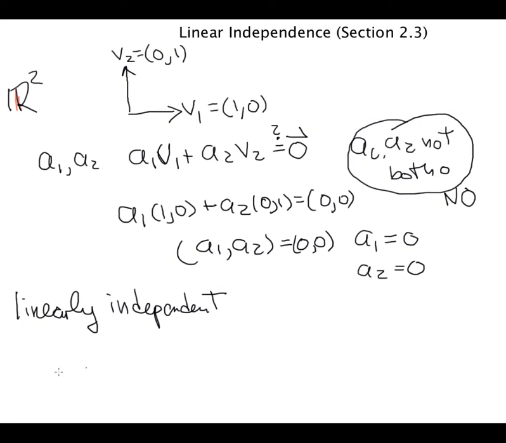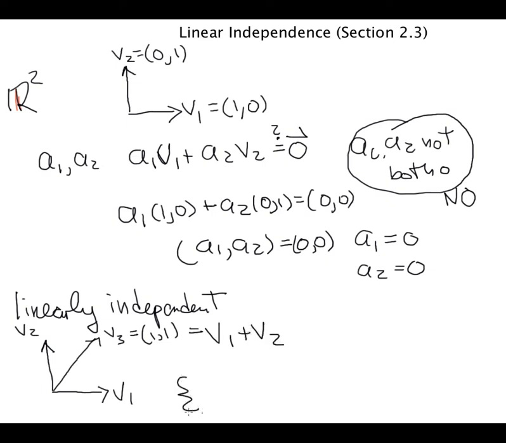And let's look at the opposite case. Suppose I added a vector to this list and I took the same v1 and v2, but then just for fun I threw in v3, which is the vector (1, 1), which is v1 plus v2.